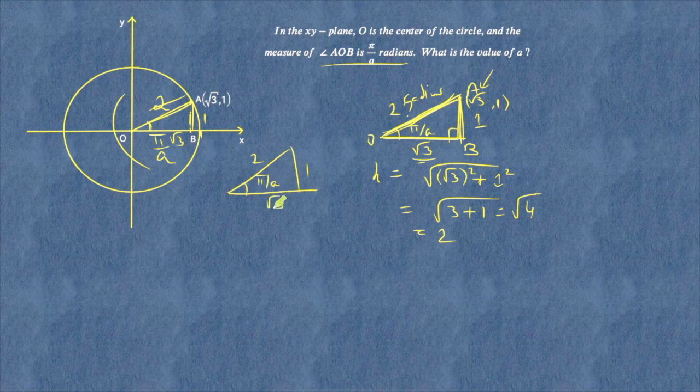Now next we have to use a trigonometric formula to find sine of this pi divided by A. So that's in radians. So let's not worry about this right now. Just keep this as angle x degrees. So sine x equals opposite by hypotenuse.